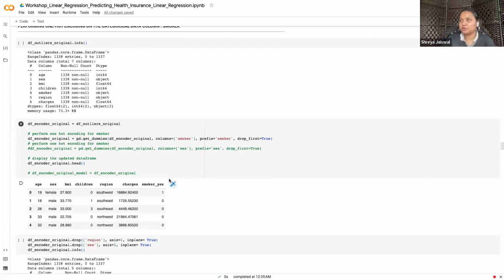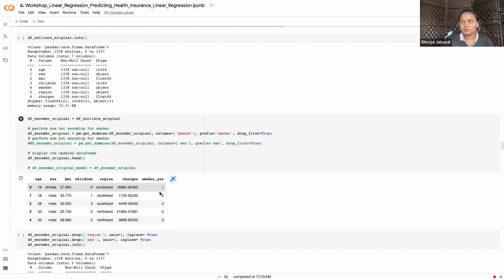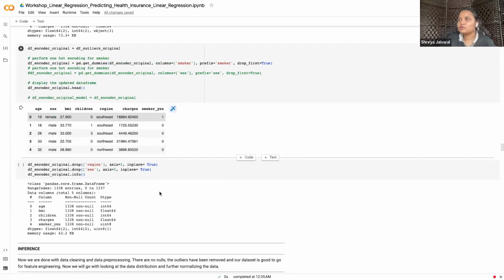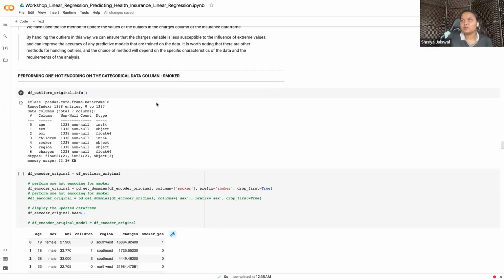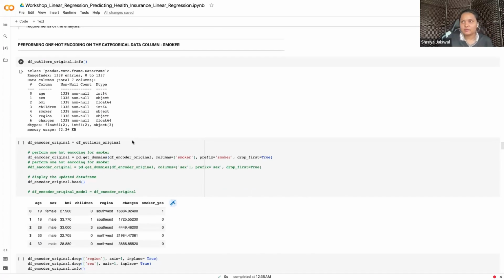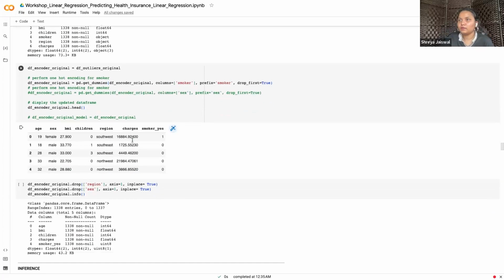As you can see over here, before it was yes, no, no, no, no, but after performing one-hot encoding, it is changed into a numerical value, and it helps us better understand the response. So one-hot encoding is a very important pre-processing step before we train our model. That is also equally important.